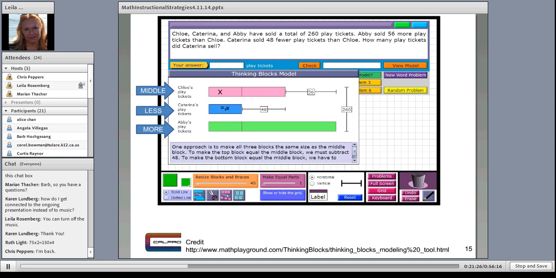Chloe sold X plus something else. Abby also sold X and much more. Reading this carefully, Chloe sold X plus 48, right? And Abby sold what Chloe did plus 56.